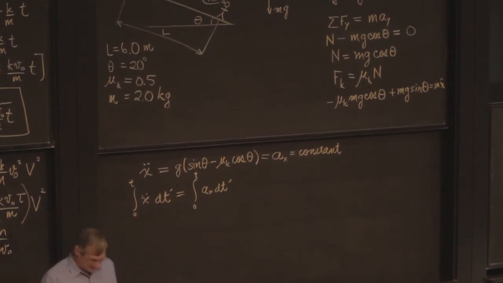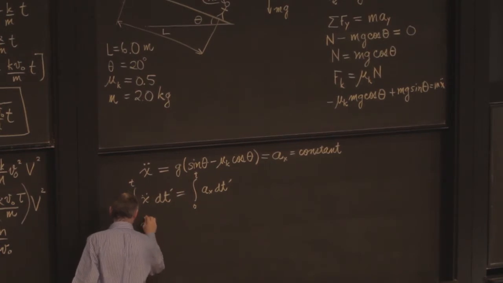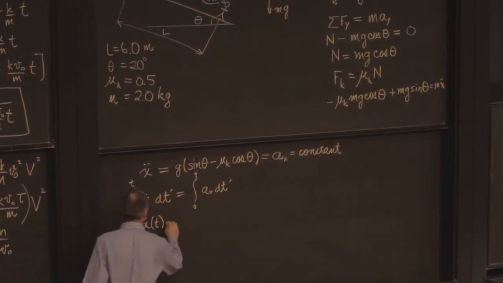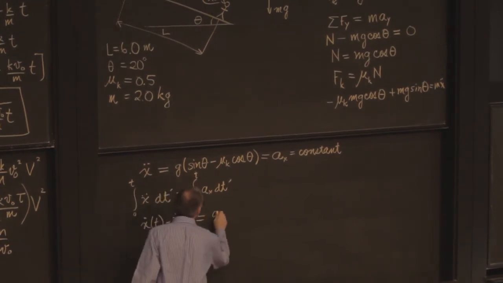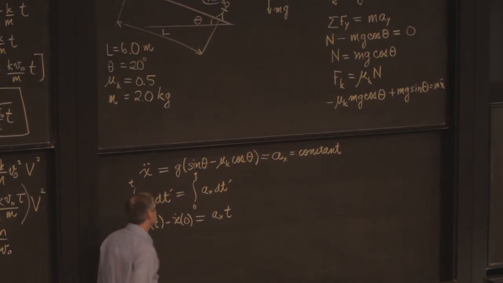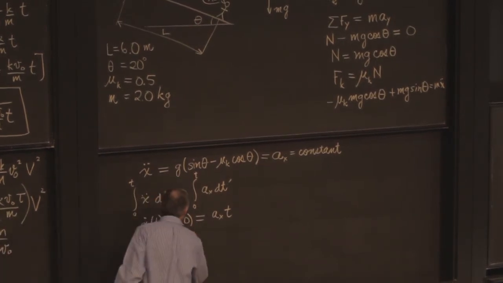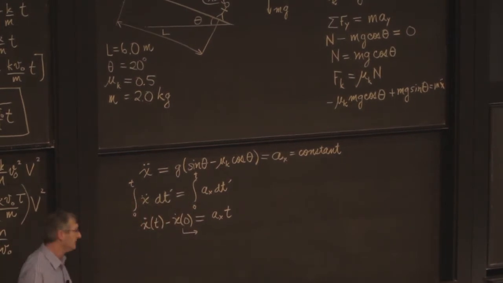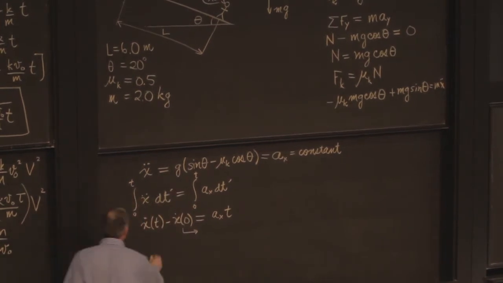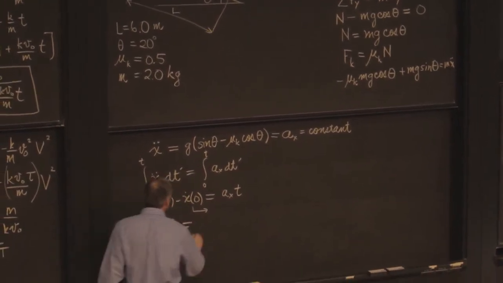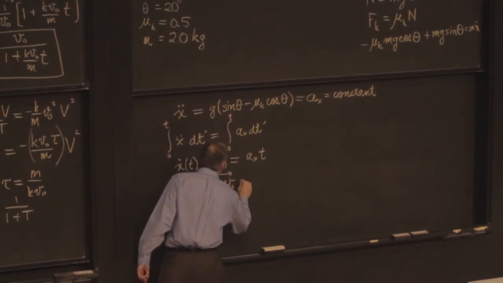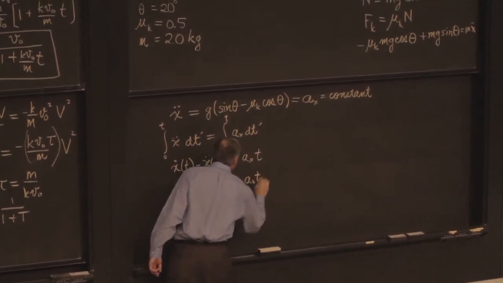The integral here is the antiderivative, so I'm going to have x dot, or the velocity, at the upper limit minus x dot at the lower limit is equal to a sub x times t. So this thing being a constant, I will throw to the other side and have x dot of t is equal to v naught plus a_x t.